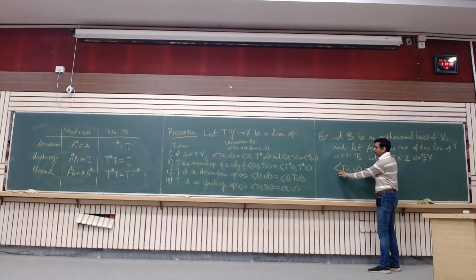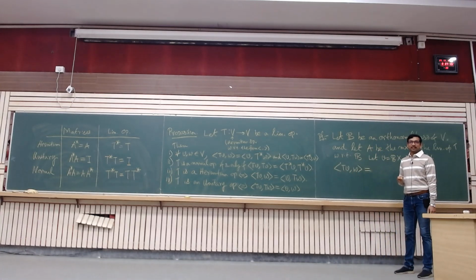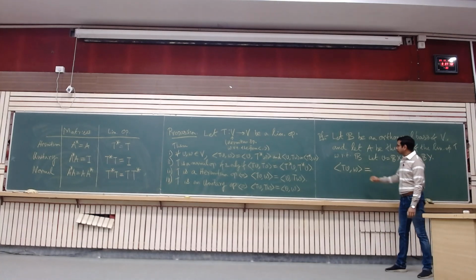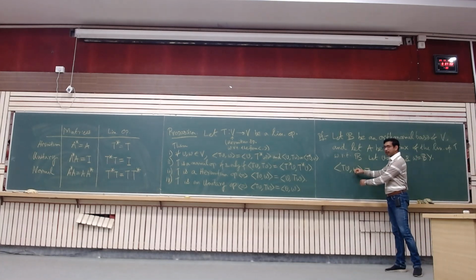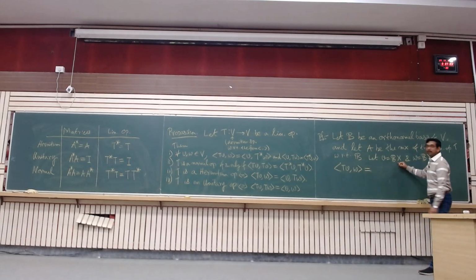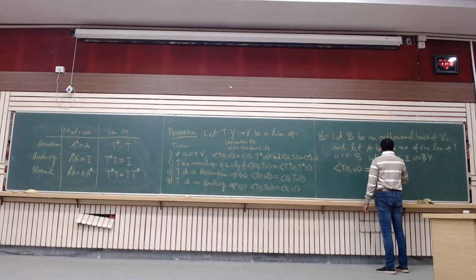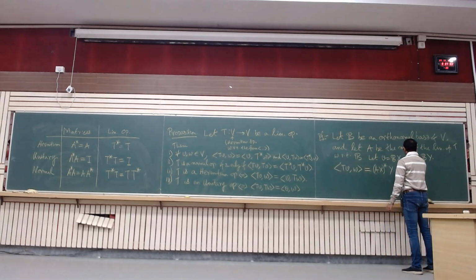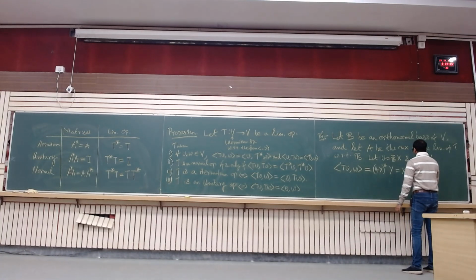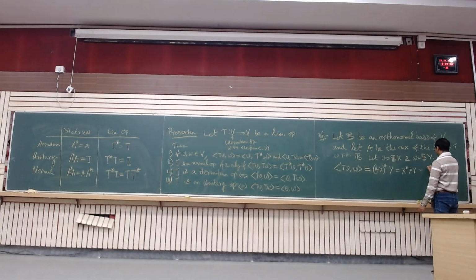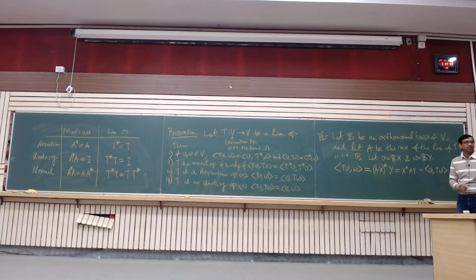Recall that this is a Hermitian form and B was an orthonormal basis. So what is the gram matrix? Identity. So you don't have to bother about the identity matrix in between. You just work with the coordinates. Ax star y, and that is x star A star y.